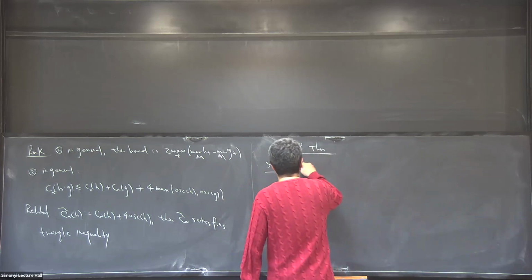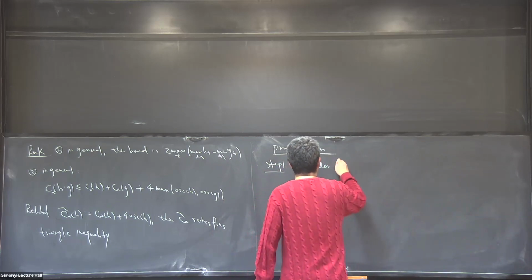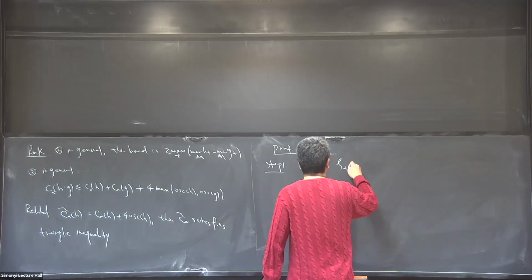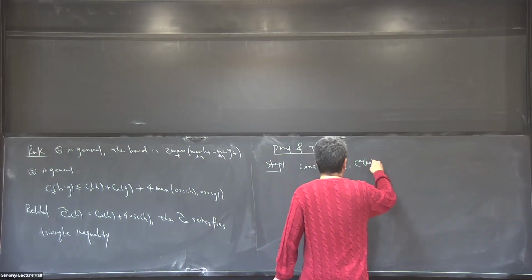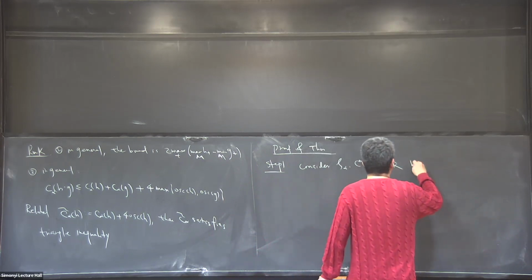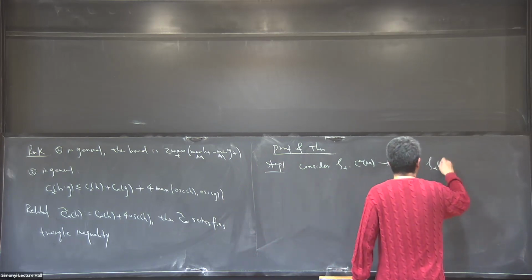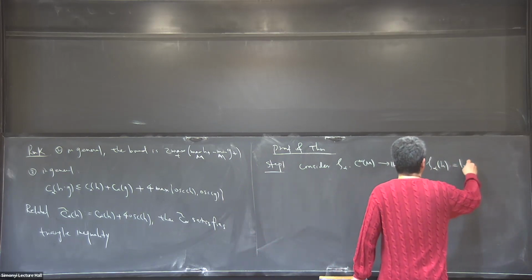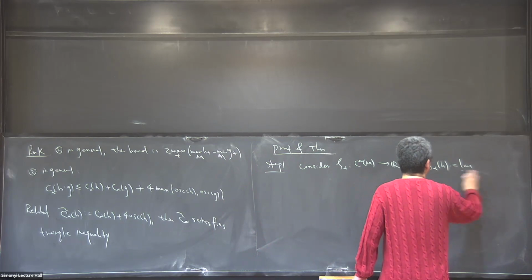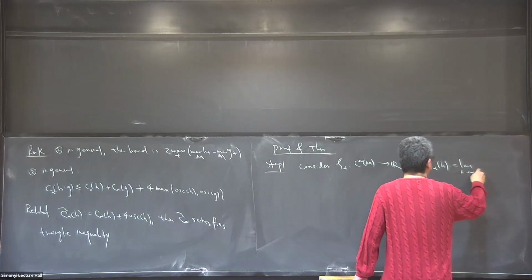Okay, so consider a function zeta alpha from the smooth functions on the contact manifold to R, defined by zeta alpha, which is the homogenization of the spectrum invariant.